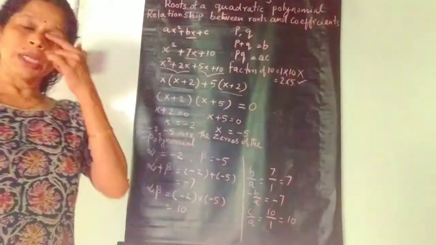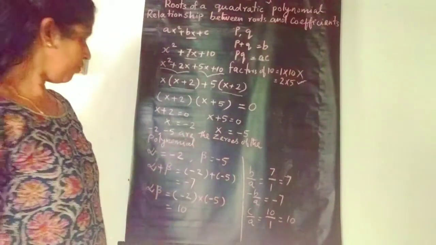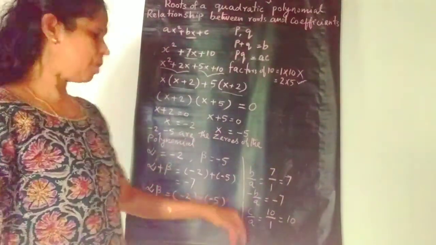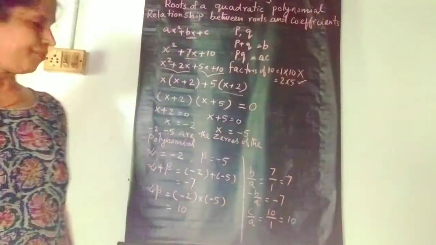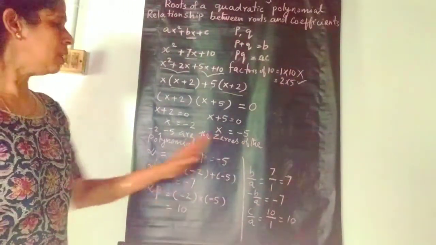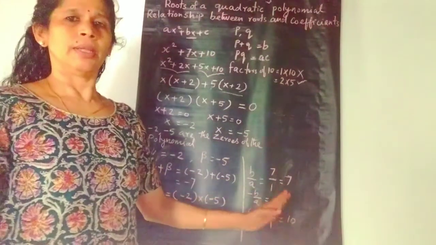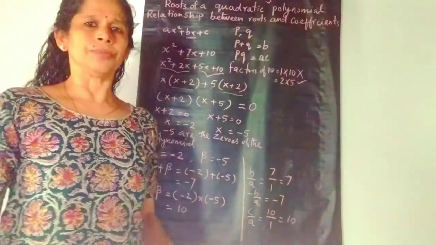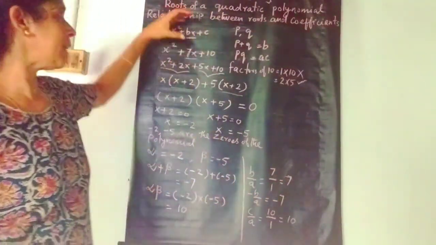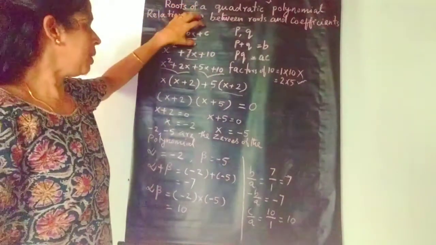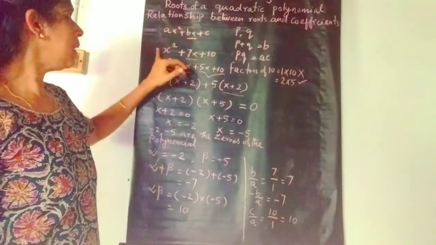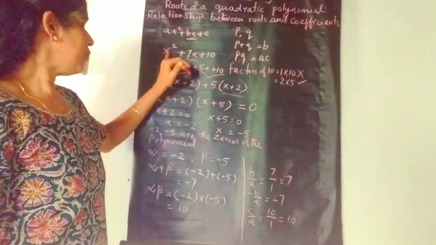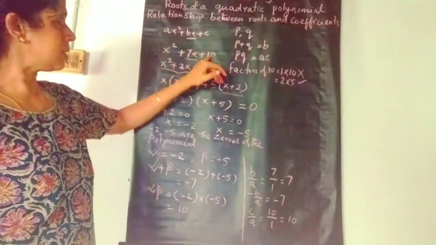So from this you can get alpha beta equal to 10, c by a equal to 10. So the relation between the zeros and the coefficients is: alpha into beta will be equal to the constant term by the coefficient of x square, that is c by a. Alpha plus beta equal to minus b by a. Like this we are getting the conclusion. So first, when you are given a quadratic polynomial, you have to split it. First you have to find the product of the coefficient of x square and the constant.